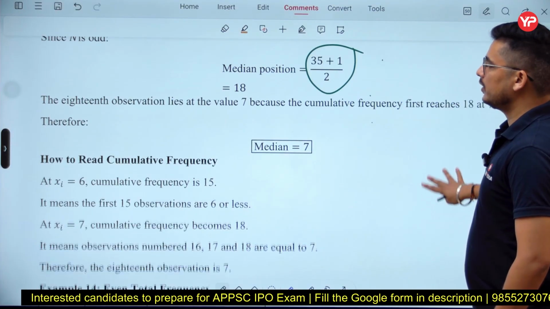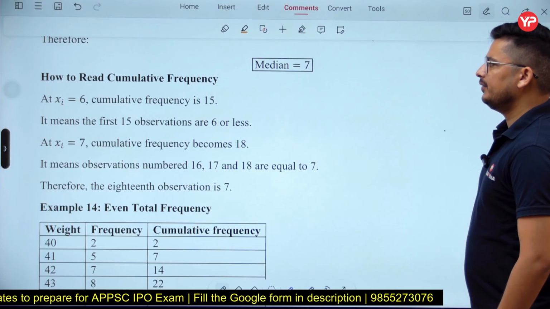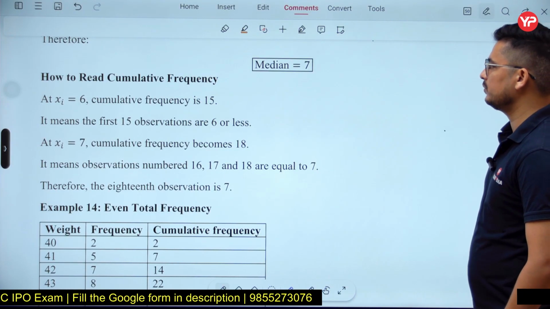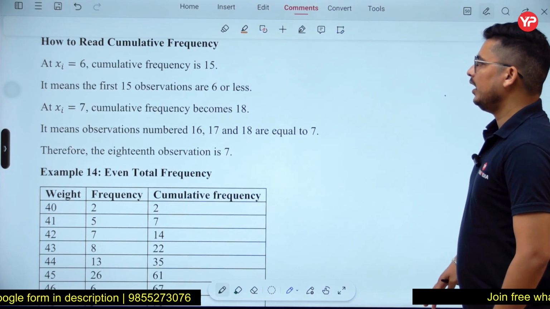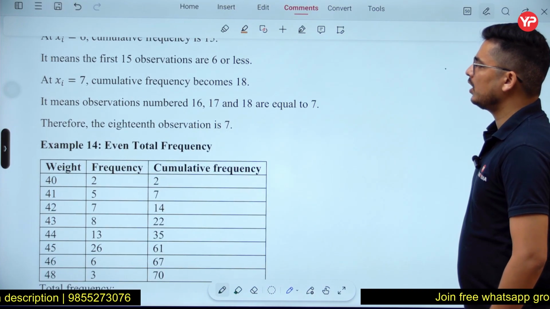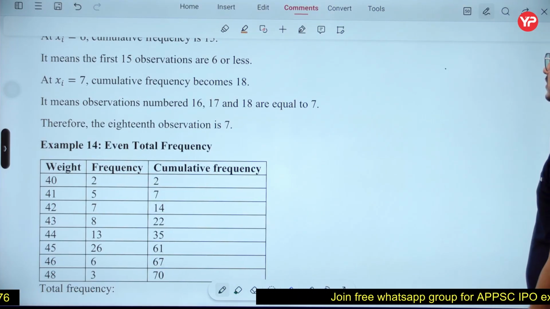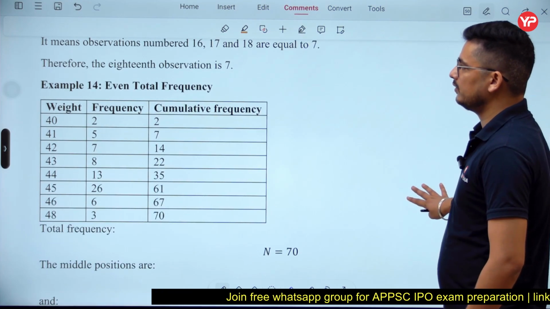So this is how you can go for the grouped data. Again, if xi is 6, the cumulative frequency is 15, meaning the first 15 observations are less than 6, and when xi is 7, the cumulative frequency becomes 18. So observations numbered 16, 17, 18 are equal to 7. Therefore the 18th observation is 7.